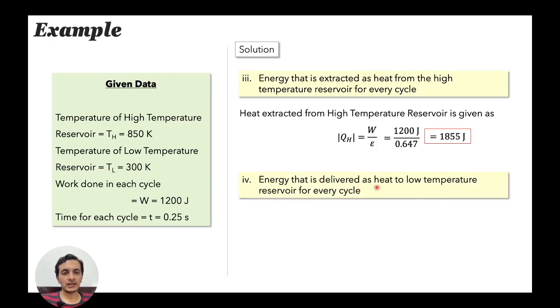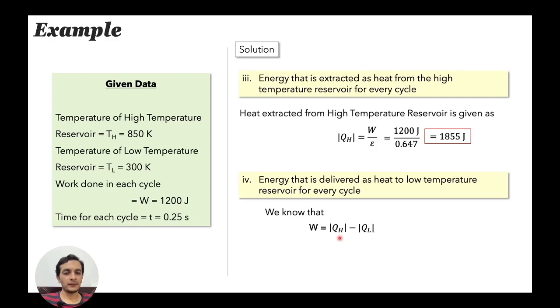Part number 4, the energy that is delivered as heat to the low temperature reservoir. We know that the work done is equal to the heat energy absorbed minus the heat energy rejected to the low temperature reservoir. We can write it like this: the magnitude of the energy absorbed from the high temperature reservoir, minus the energy rejected to the low temperature reservoir, is equal to the work done.